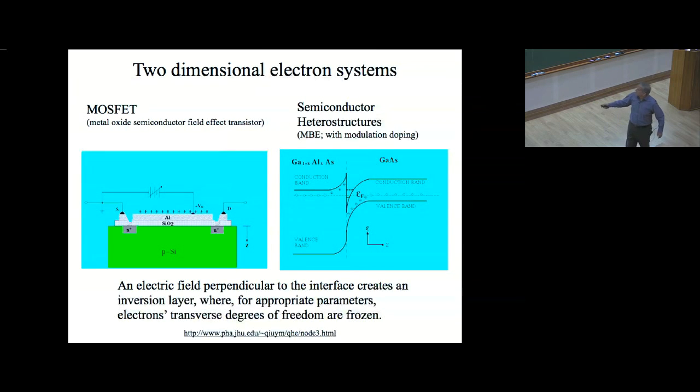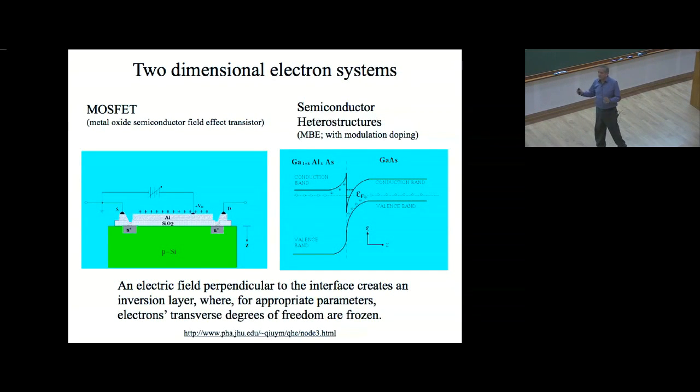More recent experiments are done with electron systems at the interface of gallium arsenide, gallium aluminum arsenide semiconductors. I'm not going to go into the details of how or why a 2-dimensional gas occurs at the interface, but for us it'll suffice to know that there is such a system.